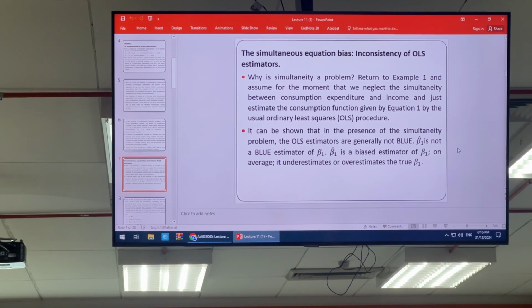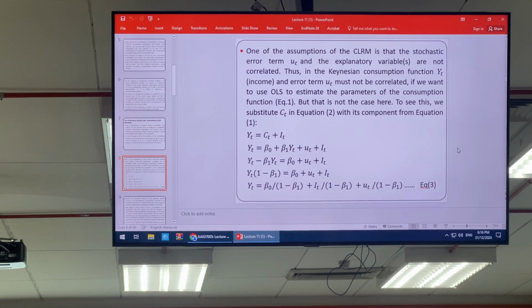Bias means that the average of all possible estimates will not be equal to the true value of the parameter. One of the assumptions of the classical linear regression model is that the stochastic error term ut and the explanatory variables are not correlated. Thus, in the Keynesian consumption function, income Yt and the error term ut must not be correlated.